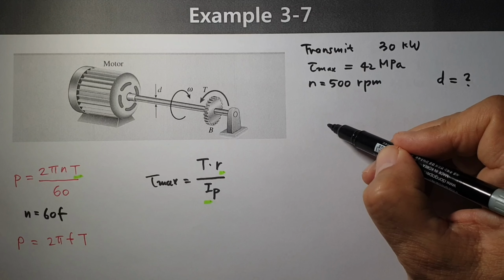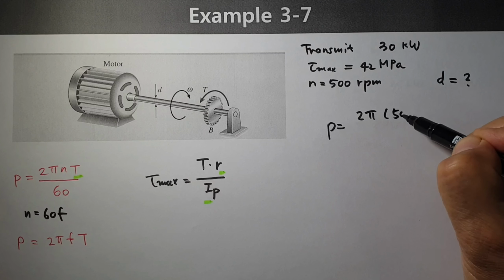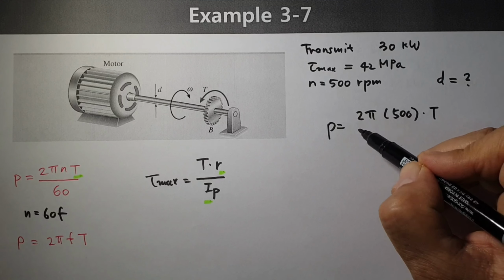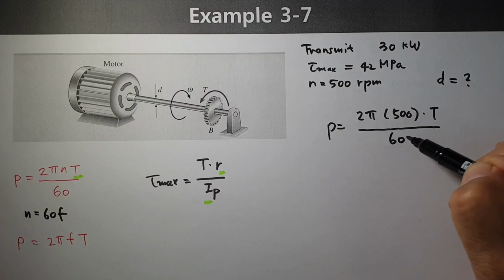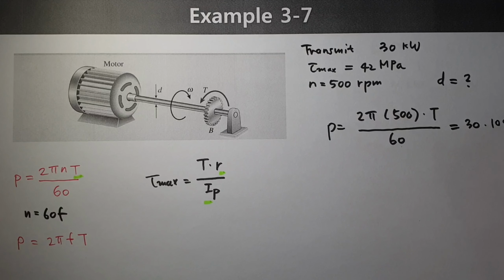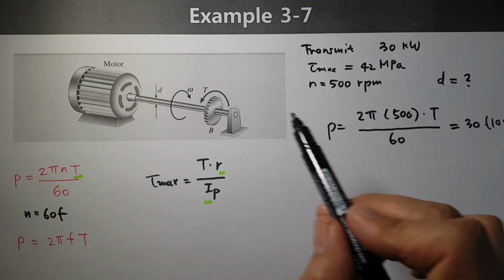P equals 2 phi N T over 60, N is 500 RPM, torque we don't know. This value is what? 30 kilowatt. Kilowatt is converted by 1000. Then we can calculate the T value. Okay, we can calculate the torque T.